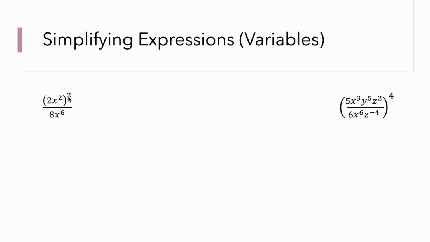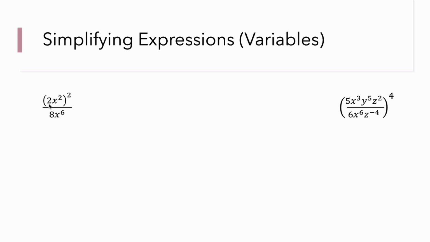And we can see that we have that property here. So we need to distribute this power. Now, if you're thinking that I'm just going to distribute the 2 here to x squared, you would be incorrect, because since the 2 is also in the parentheses, you need to distribute the power to the 2 as well.